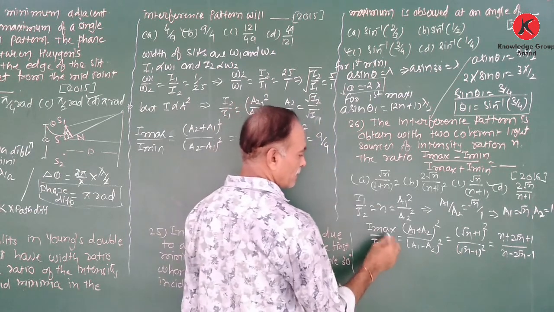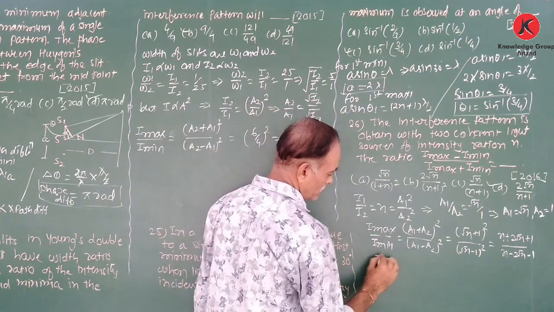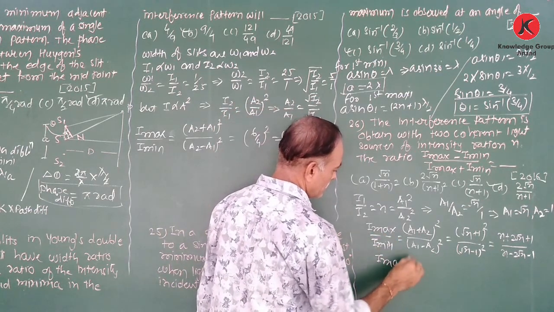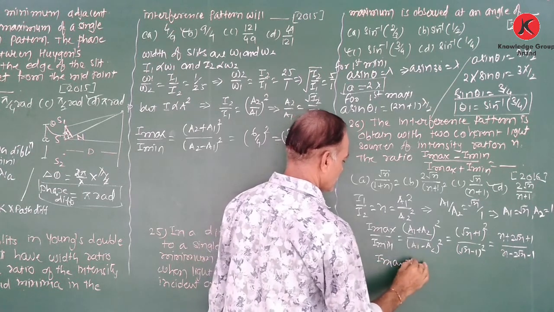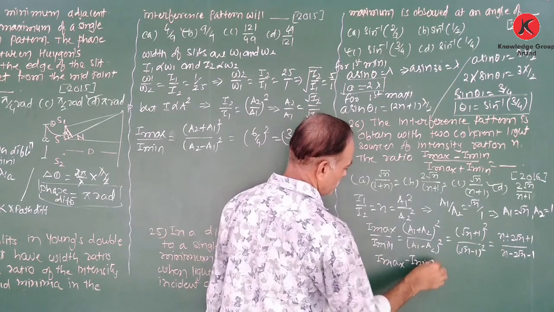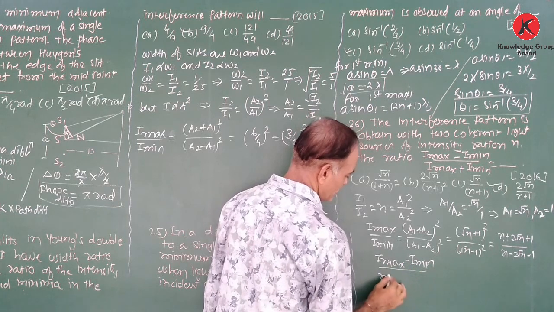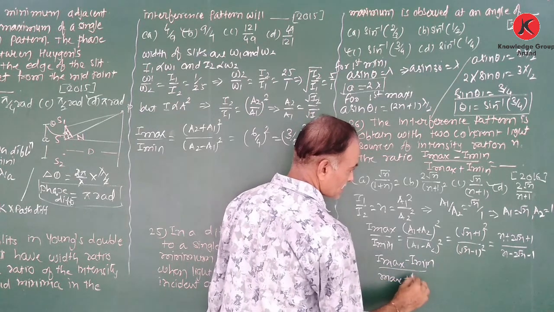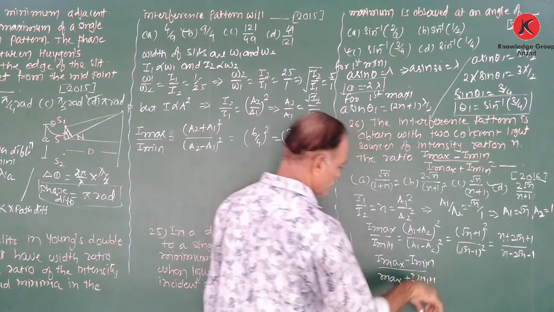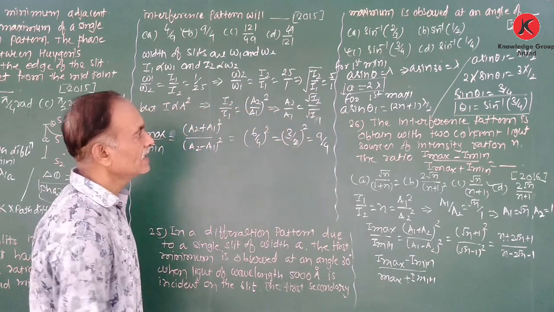Now take componendo and dividendo: I maximum minus I minimum upon I maximum plus I minimum is required.